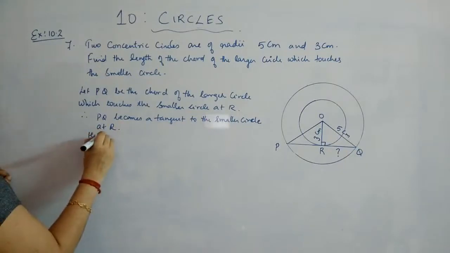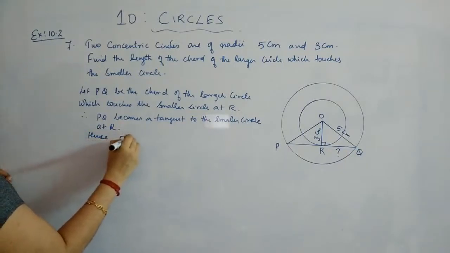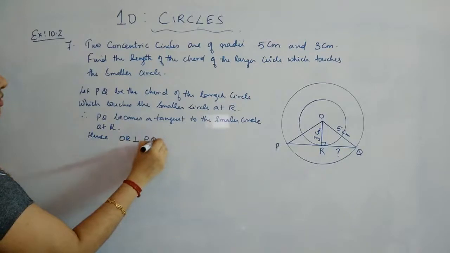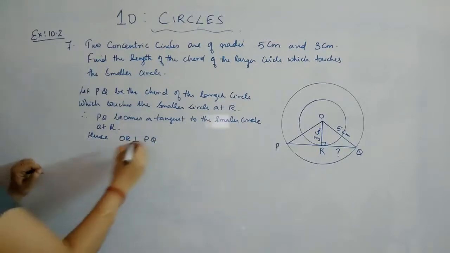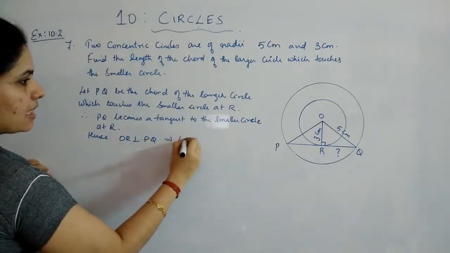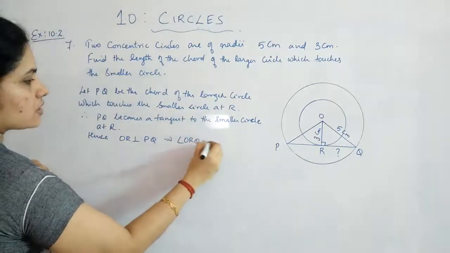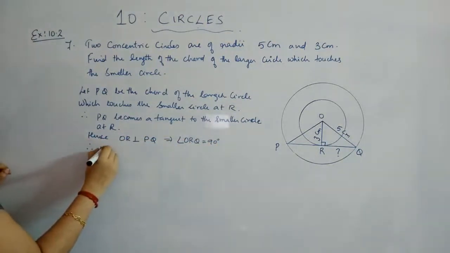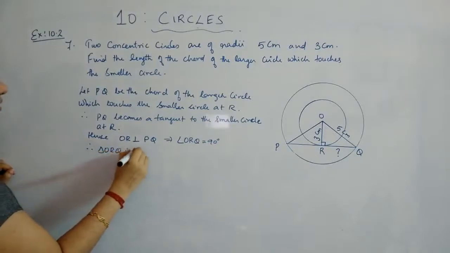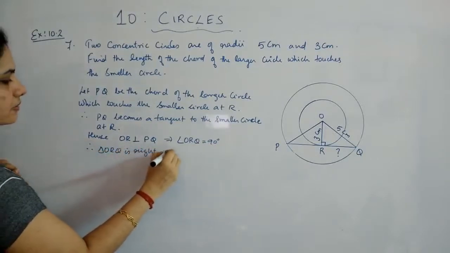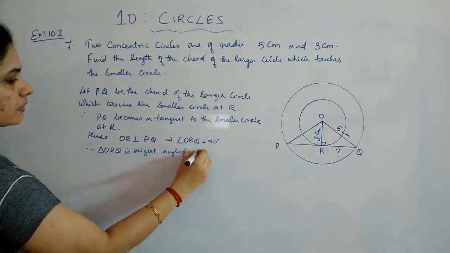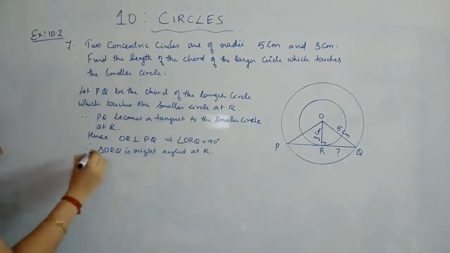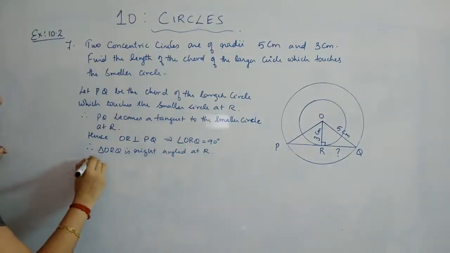Hence, OR is perpendicular to PQ, implies angle ORQ is equal to 90 degrees. Therefore, triangle ORQ is right angled at R. Hence, you can use Pythagoras theorem.